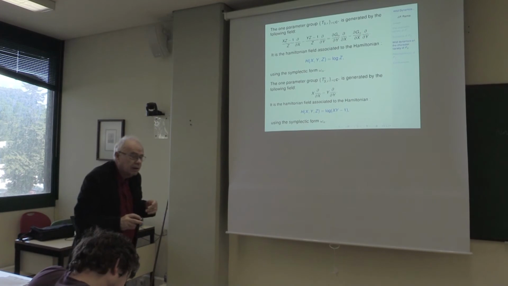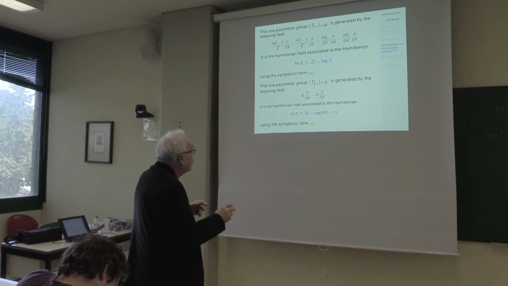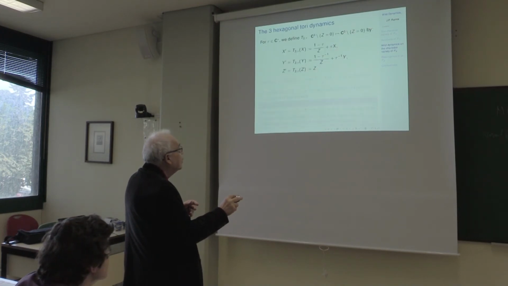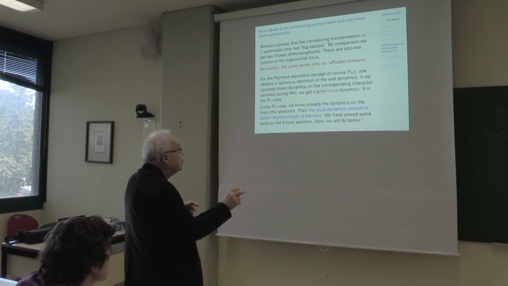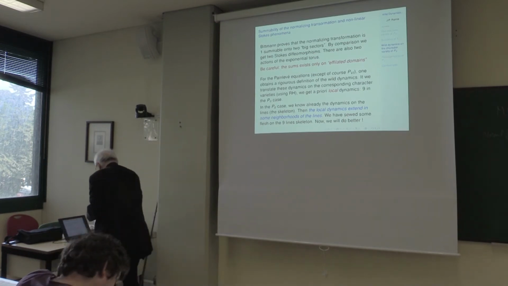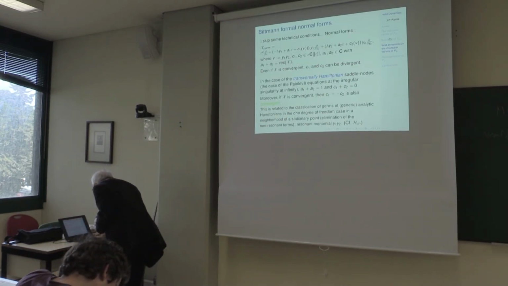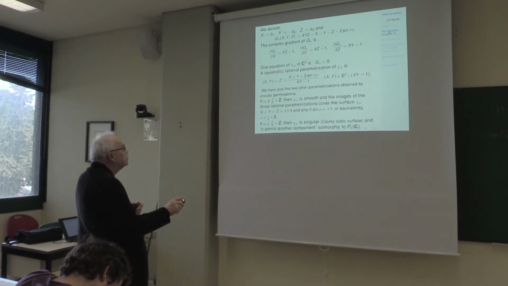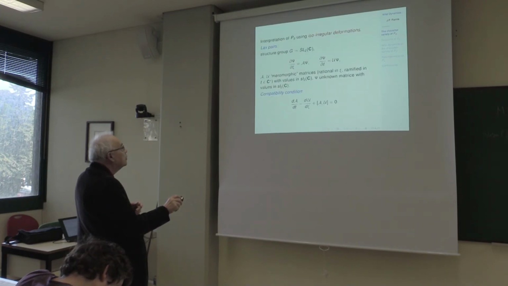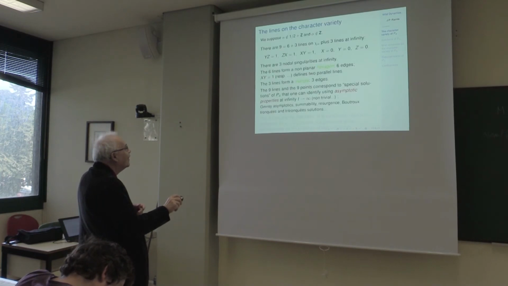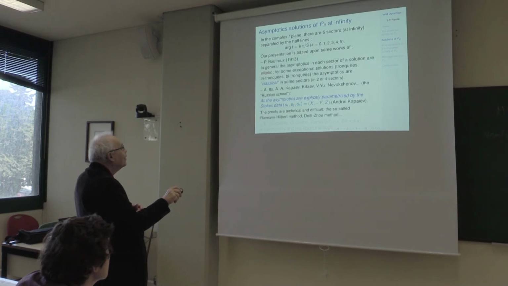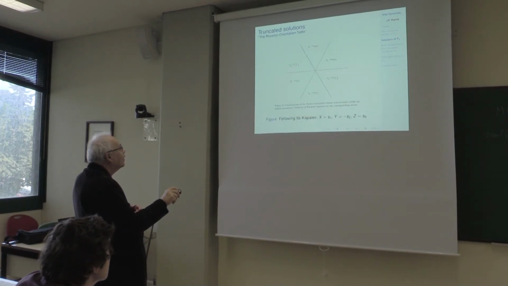So, what is the symplectic form of alpha? Oh, I don't know if it is easy, perhaps. I don't remember where it is. It's a Poincaré residue.